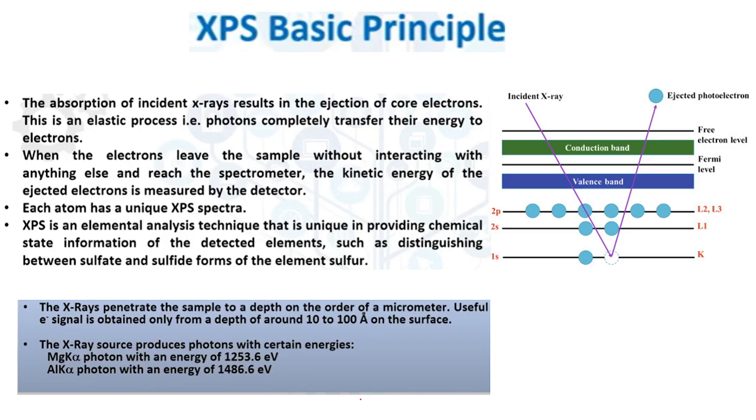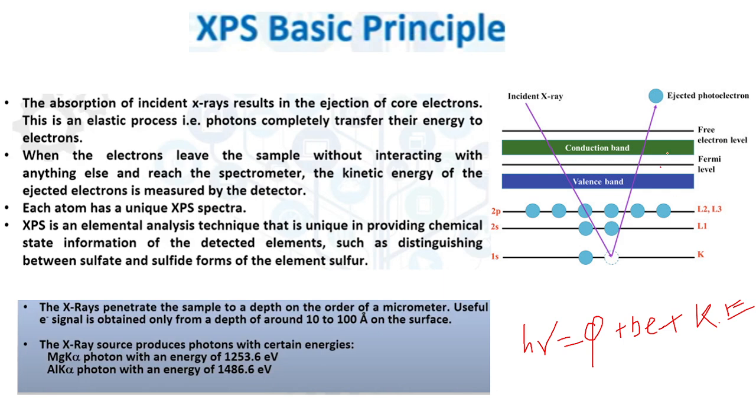Now, hν, the energy of the irradiating X-ray, will equal φ, the work function, plus binding energy, plus kinetic energy.